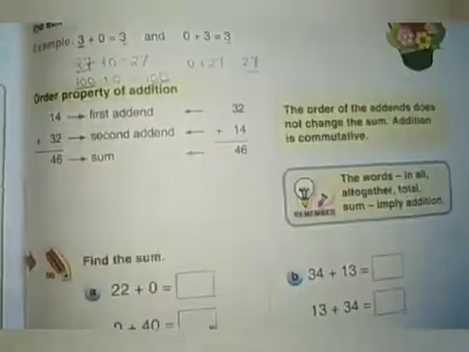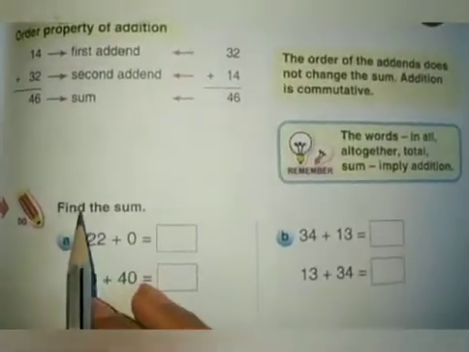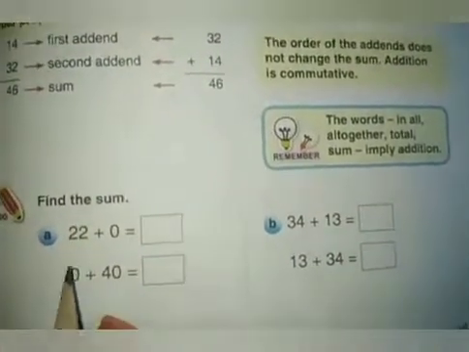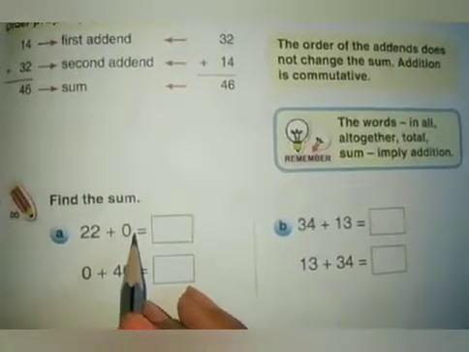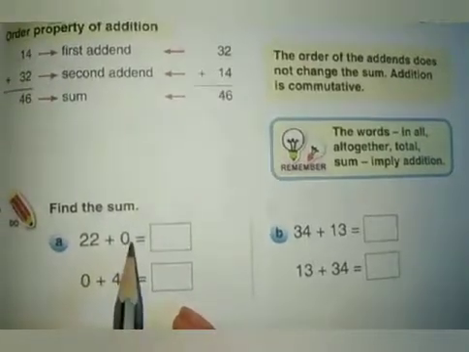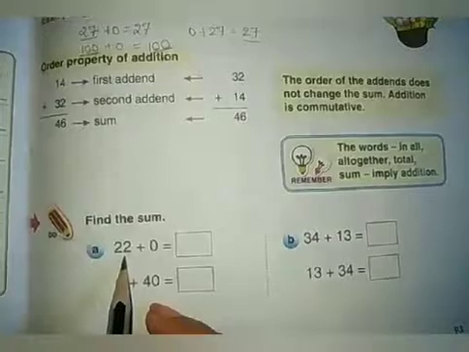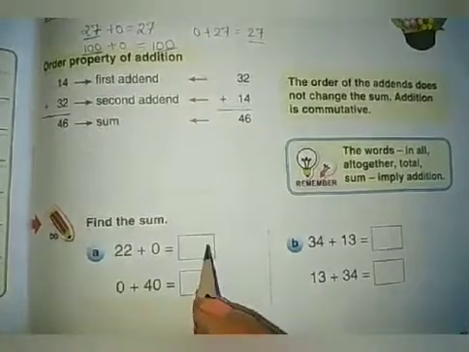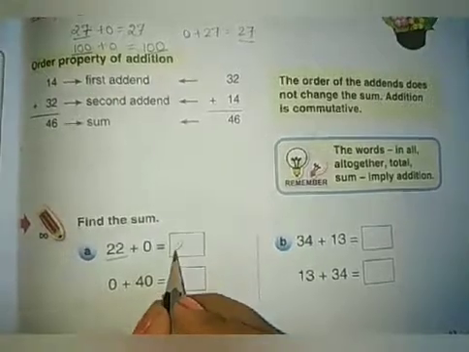Okay. Now see here children, they have given one exercise. Find the sum. We'll solve this. 22 plus 0. When 0 is added to any number, then the sum will be what, children? The number itself. Yes, this is the zero property of addition.